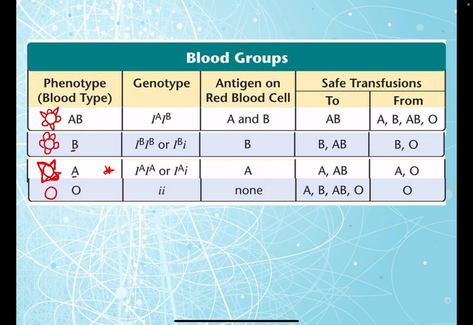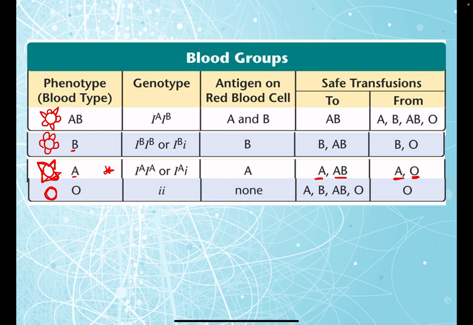So what type of blood can I take as an A person? I can take A blood and I can take O blood because O doesn't have any of those antigens on the surface. Okay?